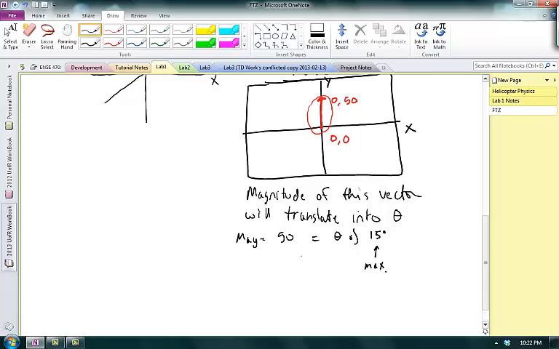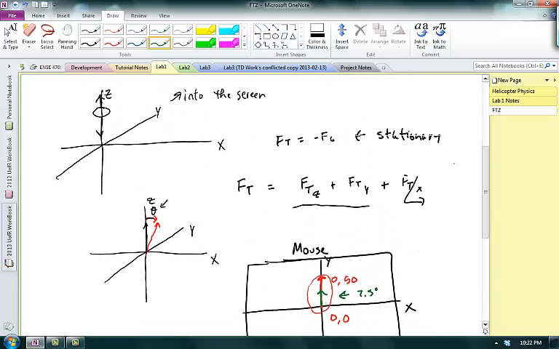Okay, so we have a linear relationship then. So a magnitude of 25, which would mean our vector went halfway, then that would be equal to 7.5 degrees of a theta. Okay, so that gives us theta.